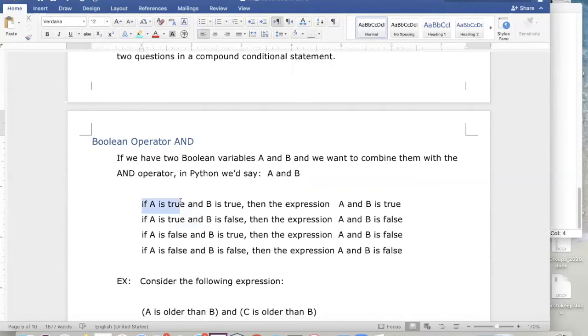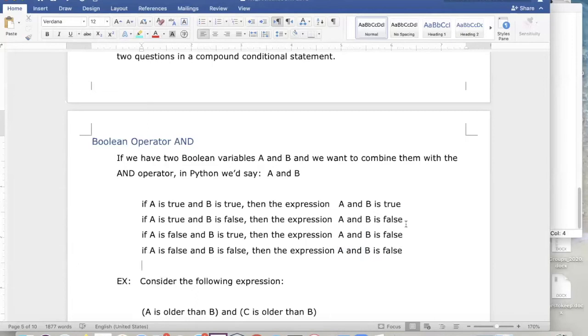If A, the answer to question number 1, is true, and B, the answer to question number 2, is true, then the whole answer to the expression A and B is also true. If A is true and B is false, then the answer to A and B is false. If A is false and B is true, the answer to A and B is false. And if A is false and B is false, the answer to A and B is false.